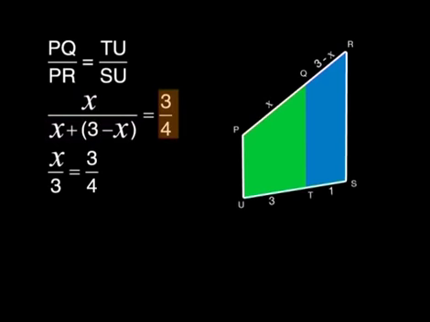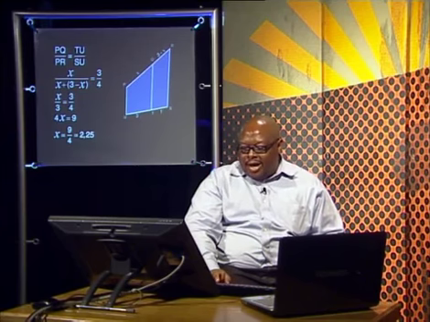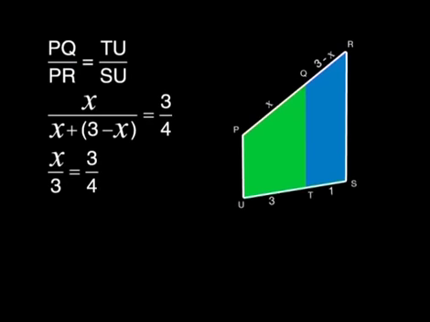TU is 3 and SU is 4. We can simplify this denominator. x minus x is 0, so we are left with 3. Correct. Now, using cross-multiplying, we get 4x equals 9, and so x is 2,25.